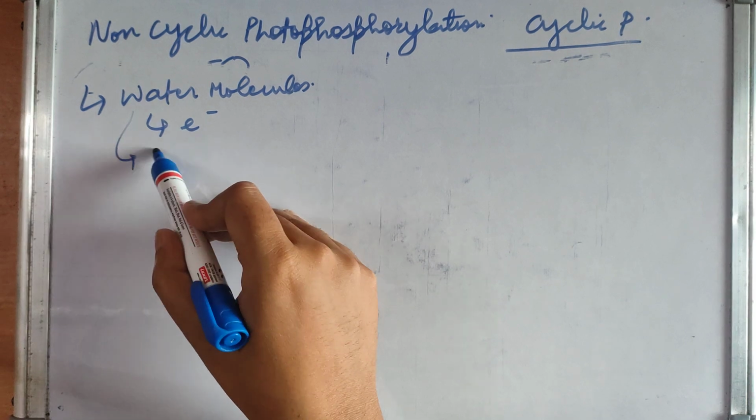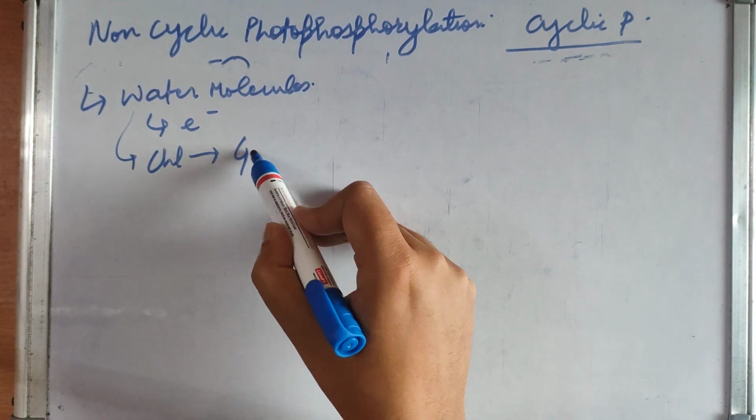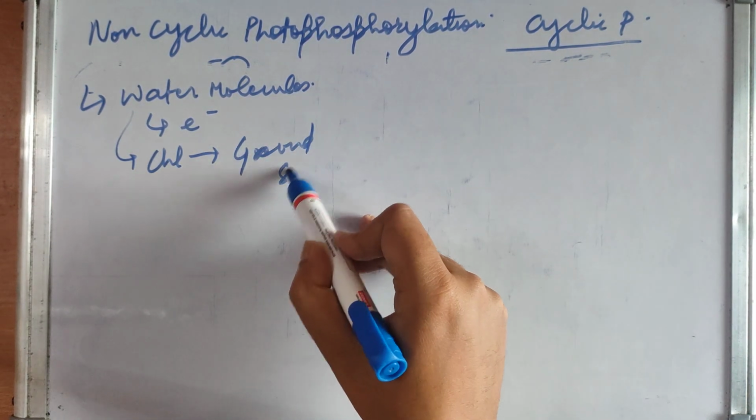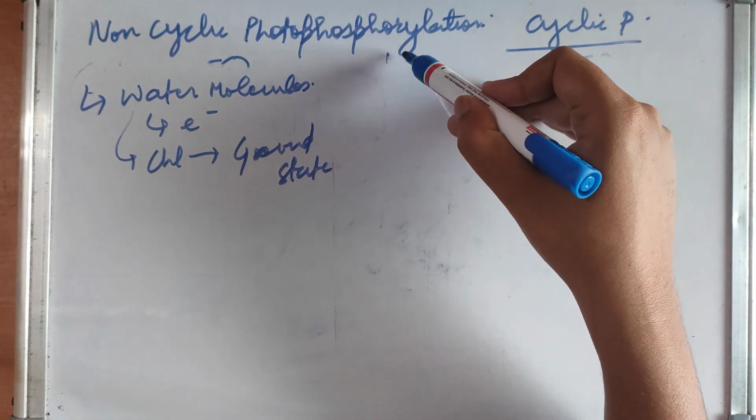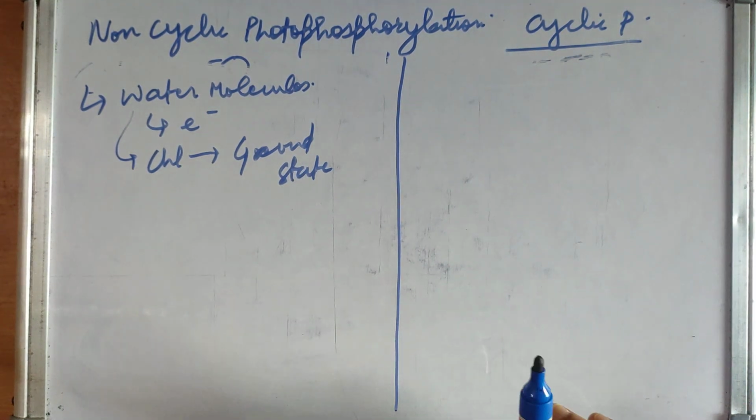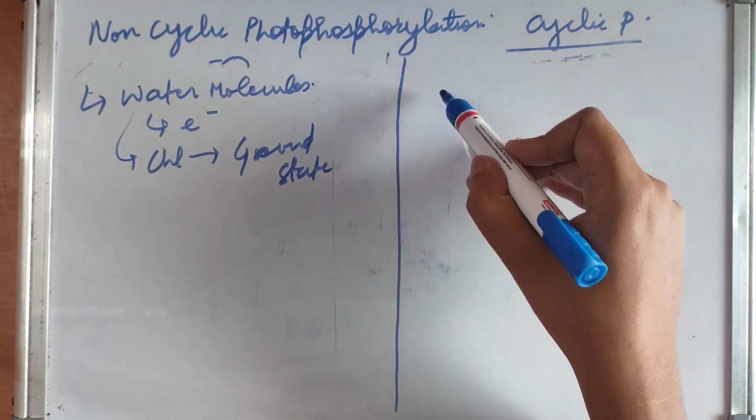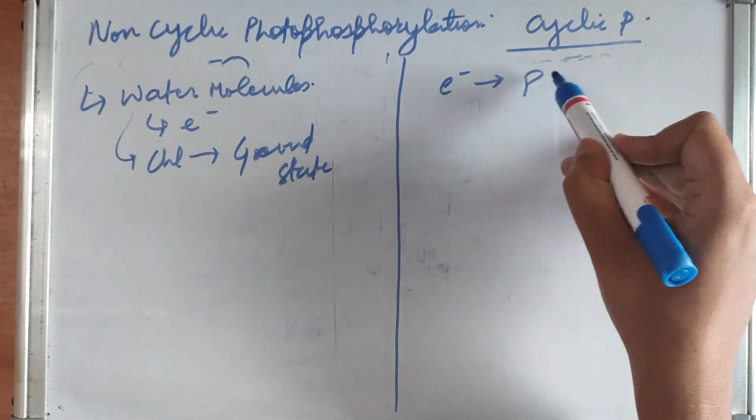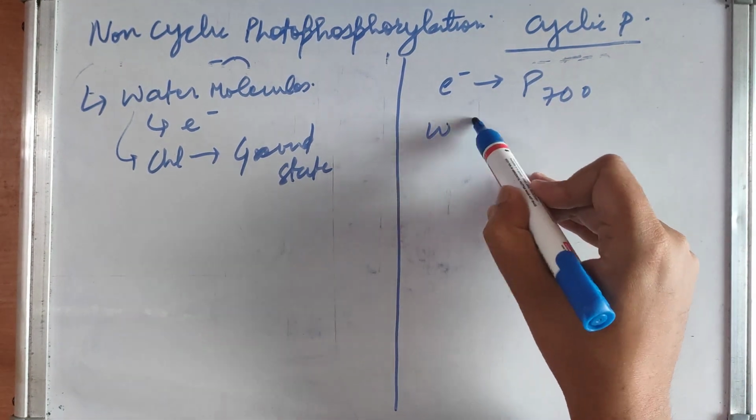In cyclic, the electron comes from P700. Water is not the source.